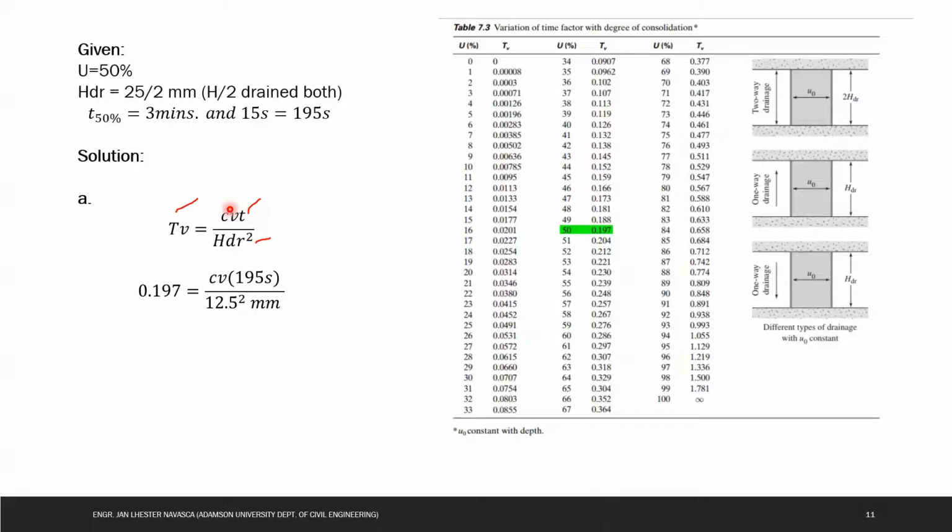Then solving for C_v, that is 0.157853 millimeters squared per second. So that is your solution for problem A: 0.157853 millimeter squared per second.